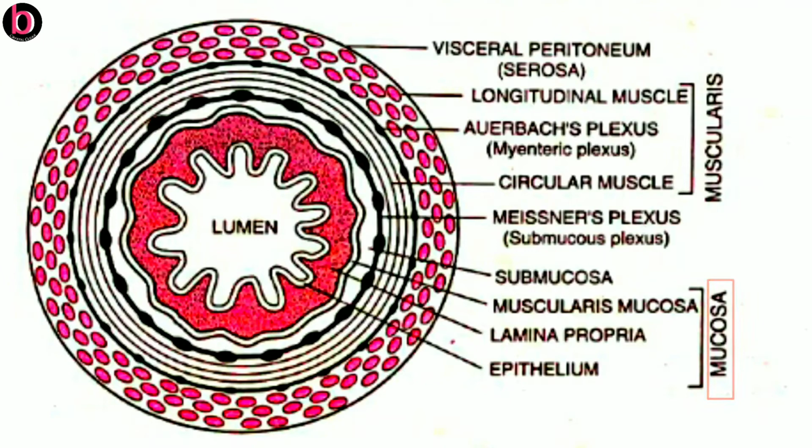This mucosa carries a number of folds in various regions of the alimentary canal. In the stomach, these are modified irregular folds known as rugae, while in the small intestine there are a number of finger-like projections, that is modified mucosa, known as villi. In the large intestine, it is modified in the form of haustra.